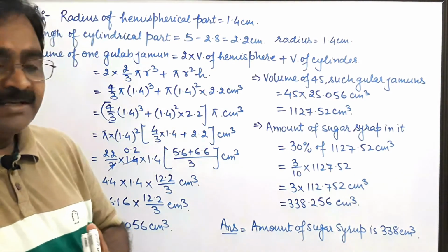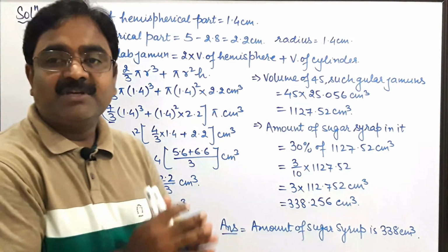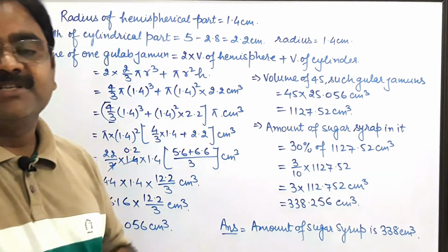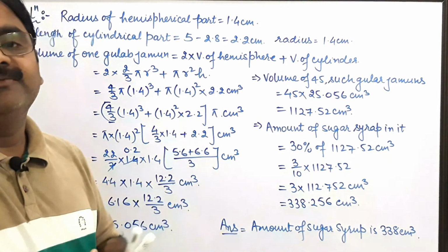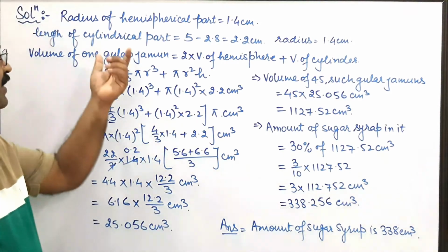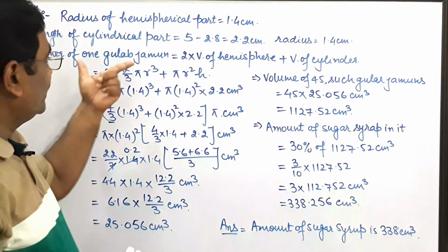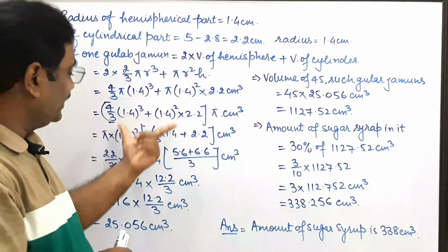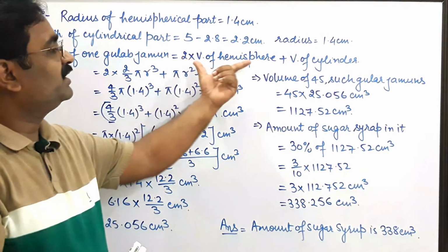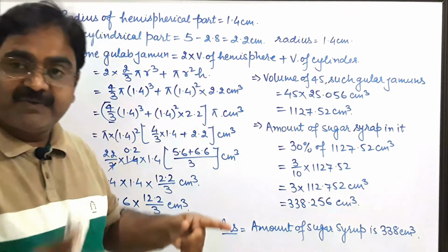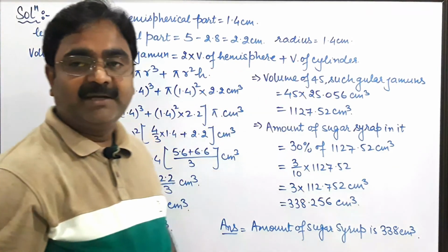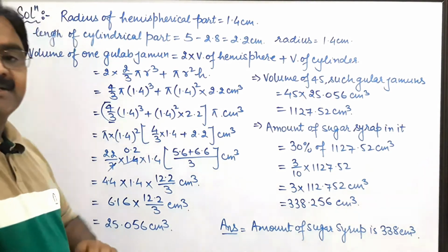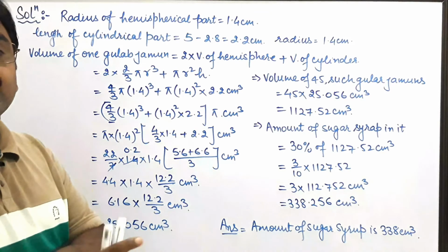So dear friends, as the gulab jamun contains one cylindrical part attached to hemispherical parts at both ends of the cylinder, first of all we need to find the volume of one gulab jamun. So volume of one gulab jamun is 2 multiplied by the volume of hemisphere, means 2 hemispheres plus the volume of the cylindrical part. After getting these volumes, we got 25.056 cubic centimeter as the volume of one gulab jamun.